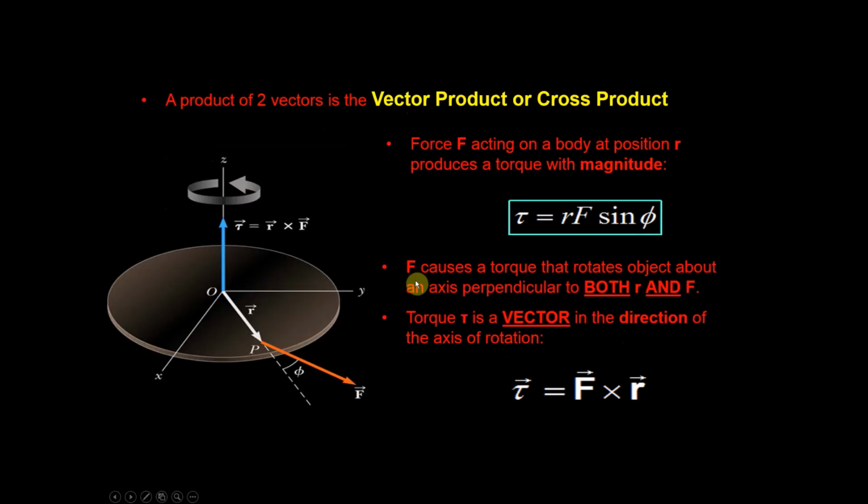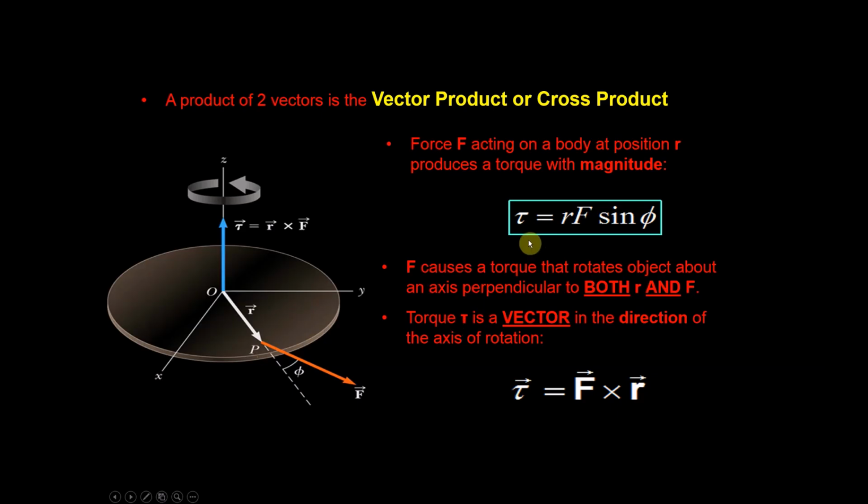So the product of two vectors is the vector or cross product. And this is a case of looking at torque. Torque is a twisting force, so if this is a disk and we wanted to find the twisting force about this axis, we would take the radius r and look at the force F. So torque would be R cross F. Where is the force applied? At what distance?